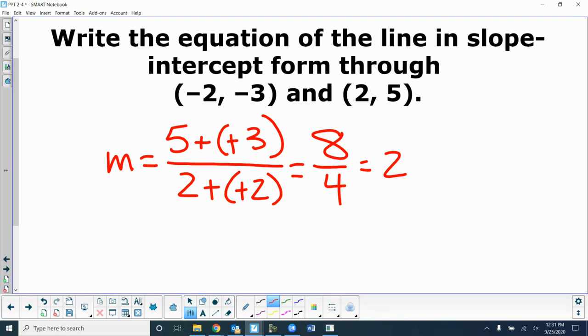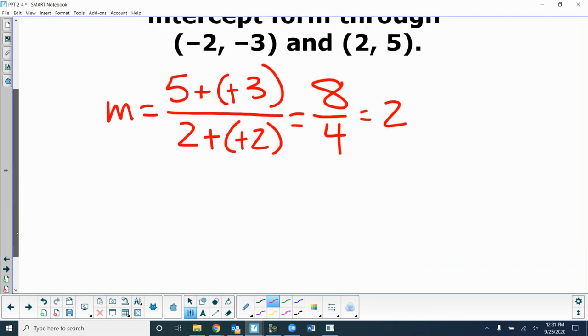No. Right? So here's what I want to do. I'm going to do both methods. For one method, I'll use that point, and for the other method, I'll use that point. And you will see it doesn't matter which method you use or which point you use. Okay?